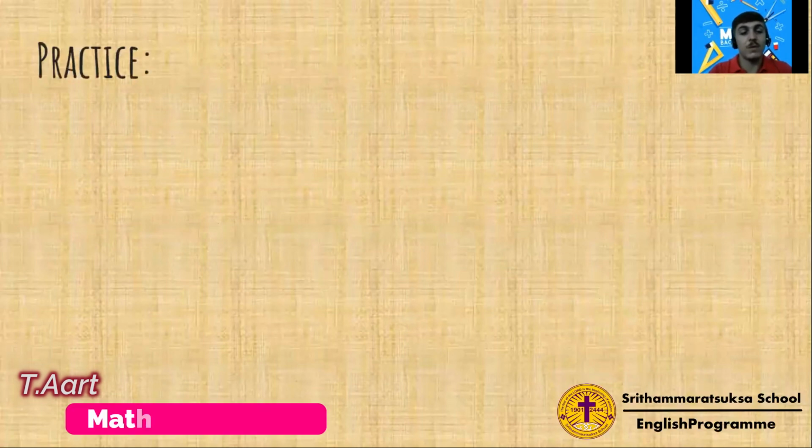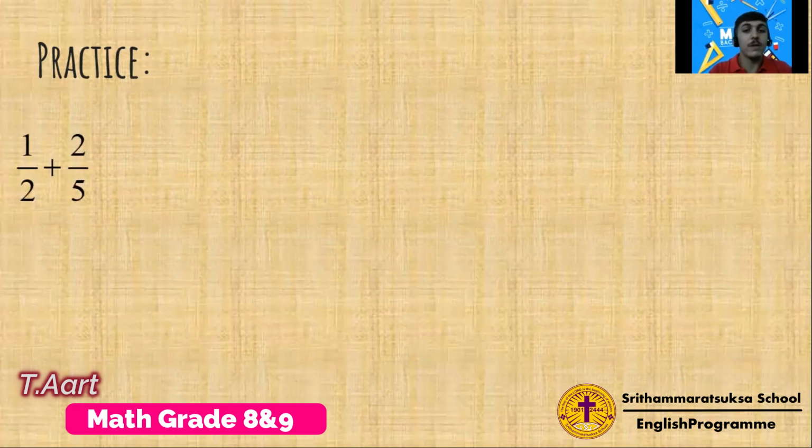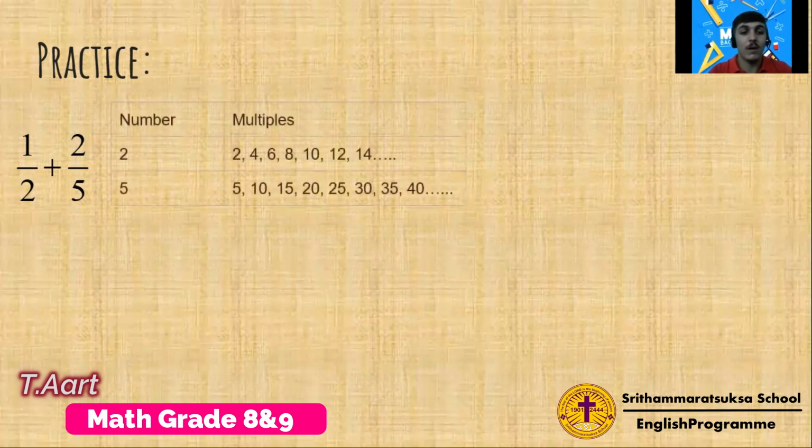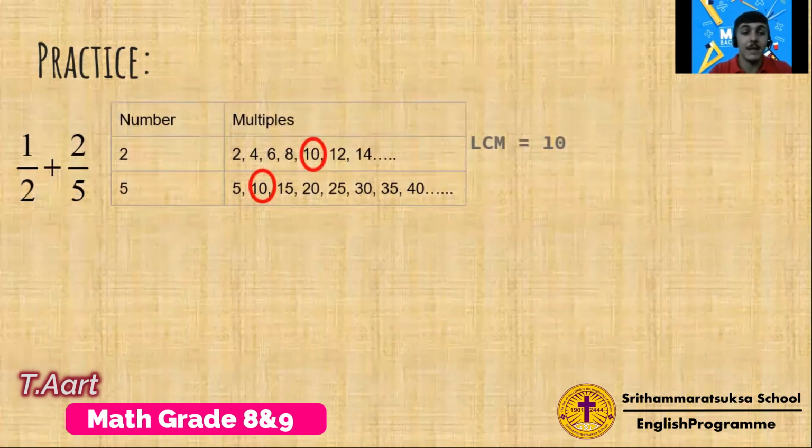Let's practice with two more. The first one, 1 over 2 plus 2 over 5. So the denominators are different. First thing we do is we find the LCM. So we write out their multiples and see what is the smallest one they have in common. In this case, it's 10. So now we have to multiply 1 over 2 by something so that the 2 changes to a 10, and that's going to be times 5.